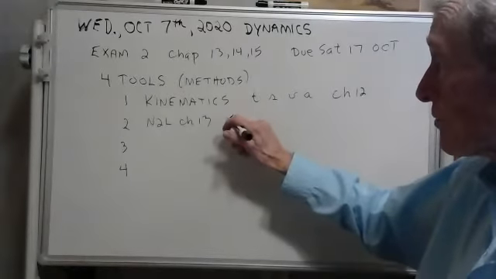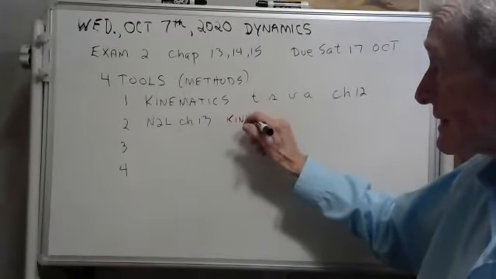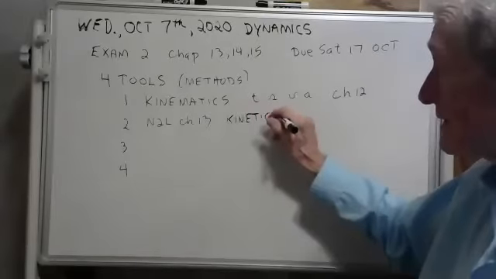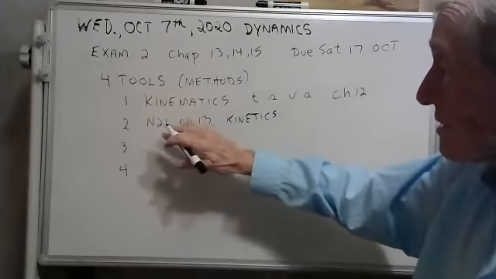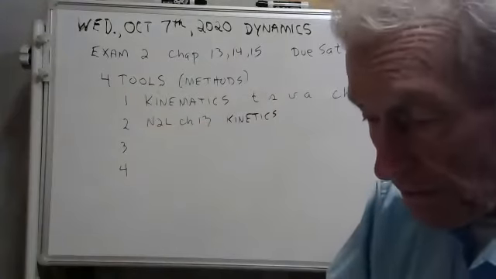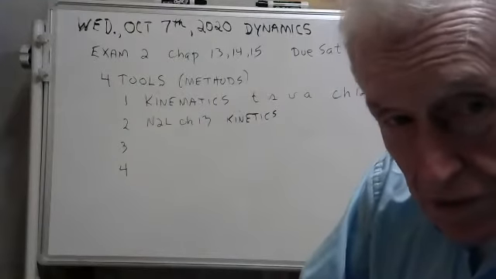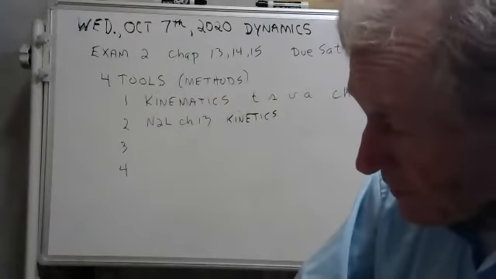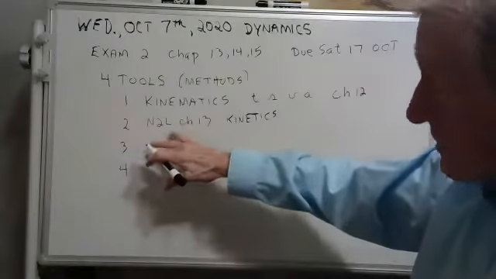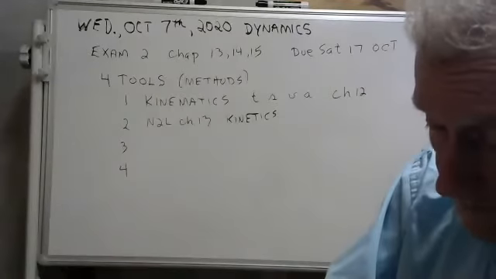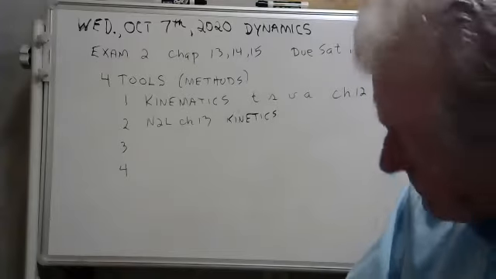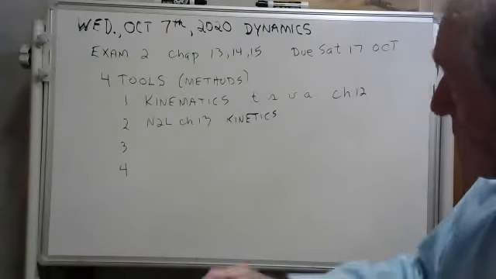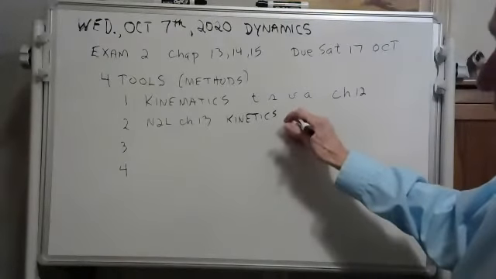That's their fancy word, kinetics. See, kinematics is the study of motion, but kinetics involves forces. And Newton's second law deals with the sum of the forces on a body. And then that was chapter 13.